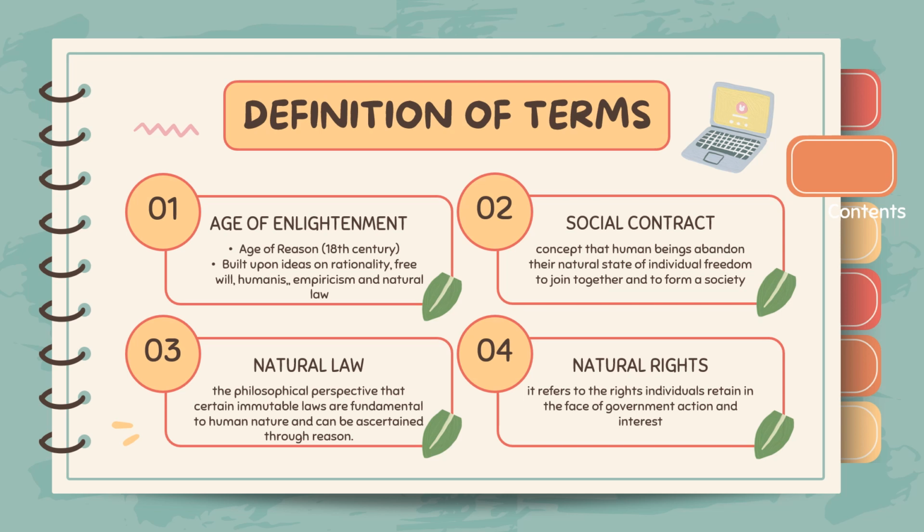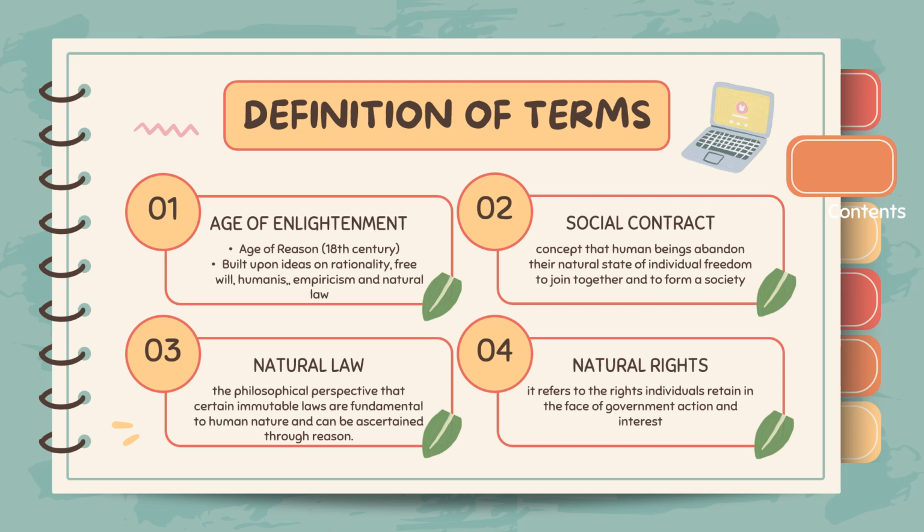Then we have the social contract, a concept that human beings abandon their natural state of individual freedom to join together and form a society. In the process of forming a social contract, people surrender some freedoms to society as a whole, and society is obligated to assume responsibilities toward its citizens and provide for their protection and welfare.